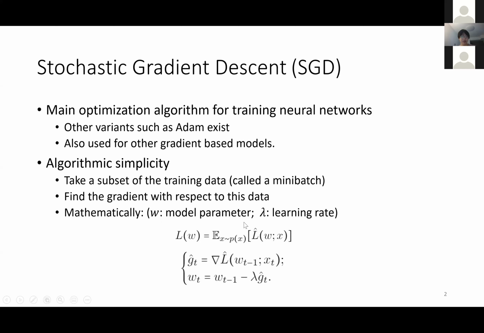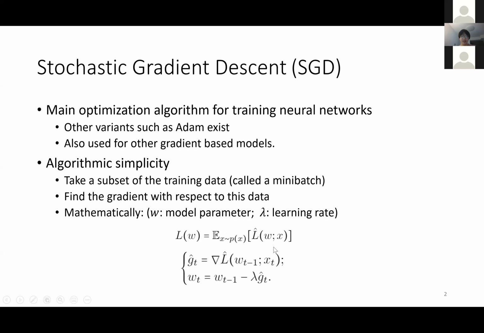Here, W is the model parameter, and lambda is the learning rate. So our loss function usually looks like this, taken as the expectation over the sampling of the data points. And then we compute the gradient with respect to a sampling of the loss function.